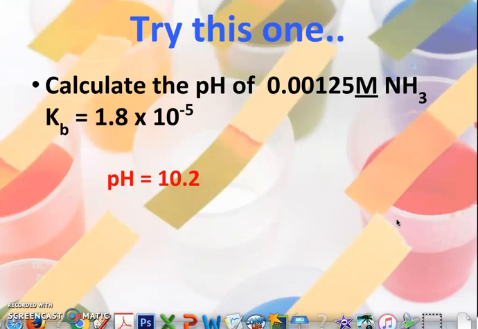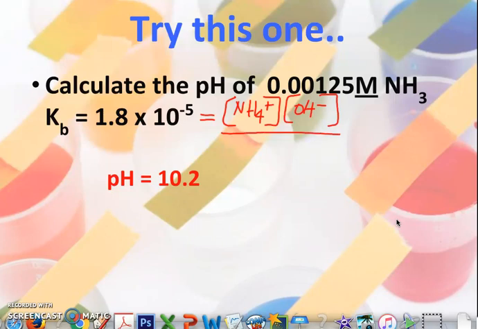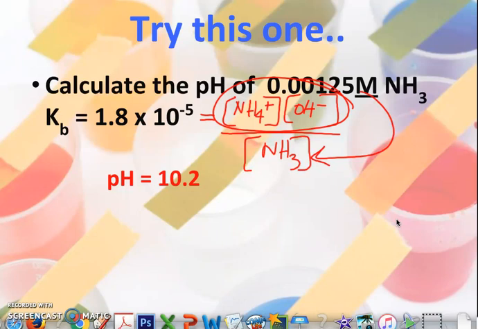Basically, you're taking your Kb value. That has to be equal to your OH minus and your conjugate acid. Your original base should be on the bottom. You were given the concentration of your original base. You don't know these, but you know they're equal to each other. So just like with your Ka problem, you've got x squared over the concentration of your original base.